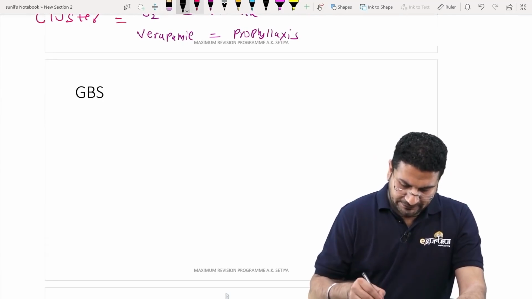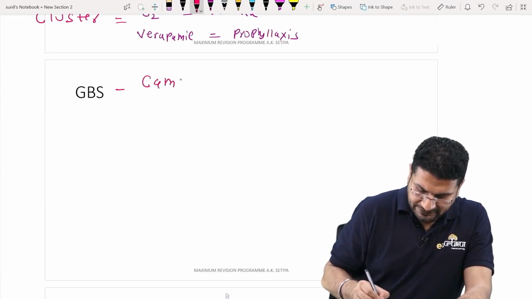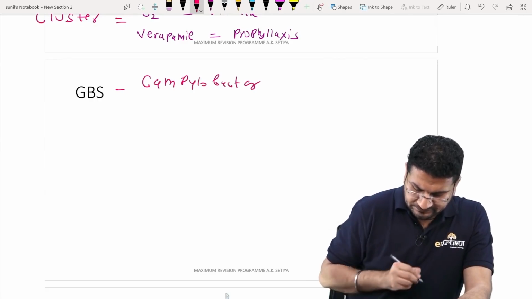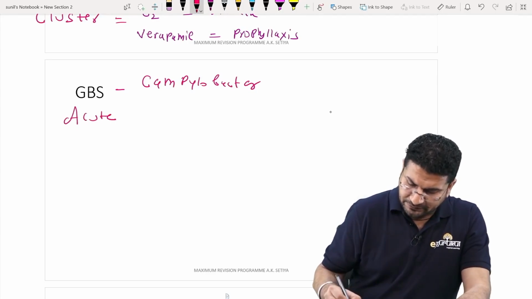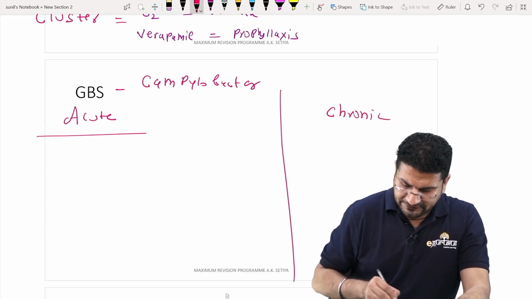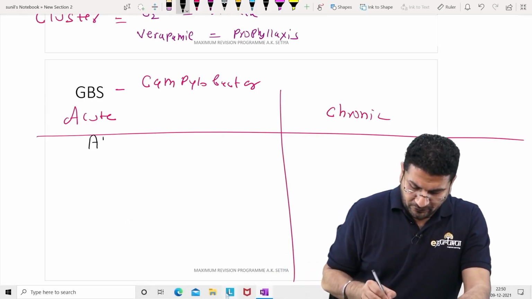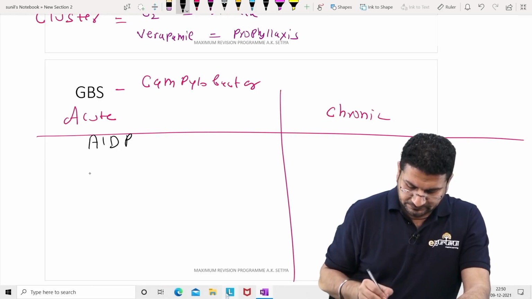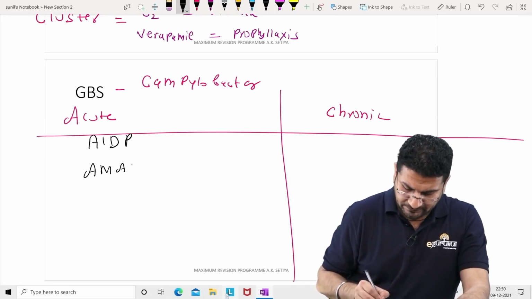Guillain-Barré syndrome, GBS. If I say GBS, remember the most common trigger will be Campylobacter. Based on symptoms, we divide GBS into acute and chronic forms. In the acute forms, the most common is AIDP, acute inflammatory demyelinating polyneuropathy.